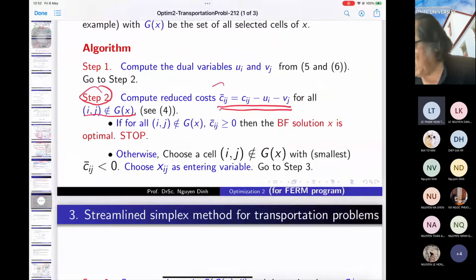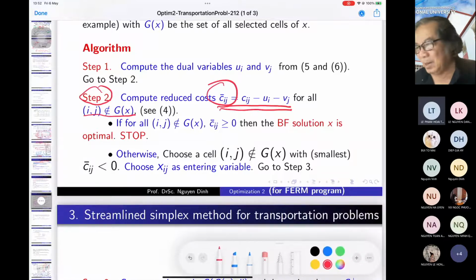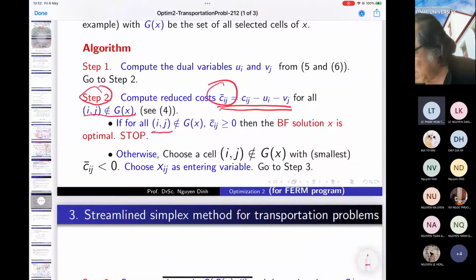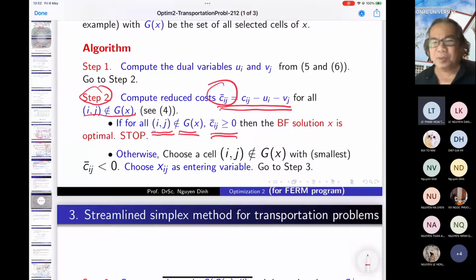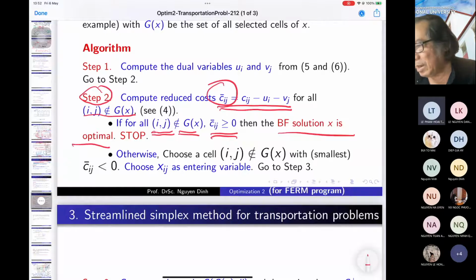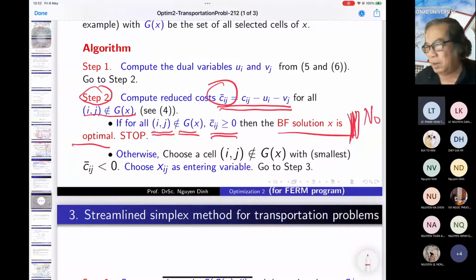You calculate all C bar ij, and if all ij not in Gx have C bar ij greater than or equal to 0, then this is an optimal solution, and we stop here. But in our case, are we in this case? No.